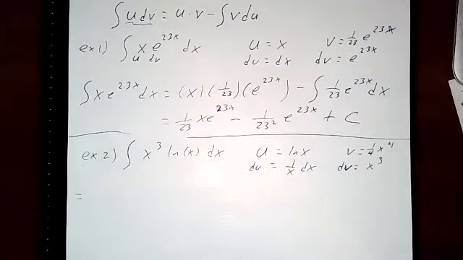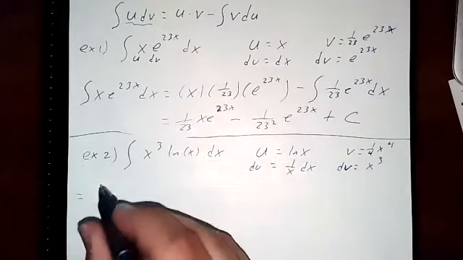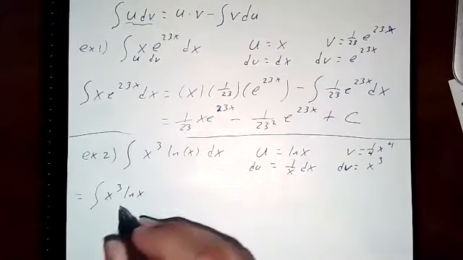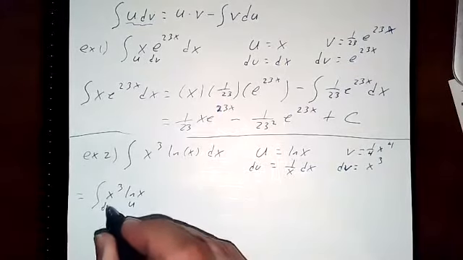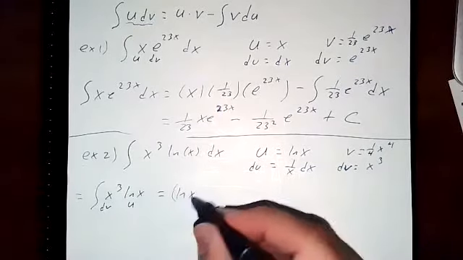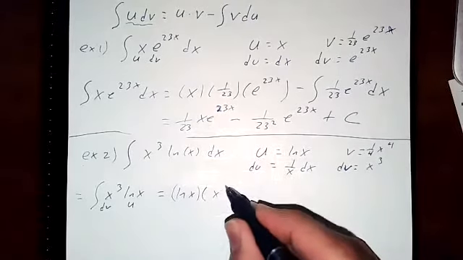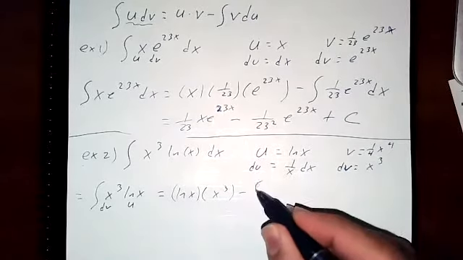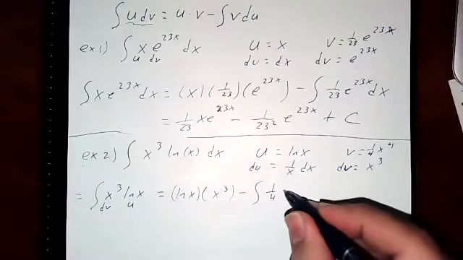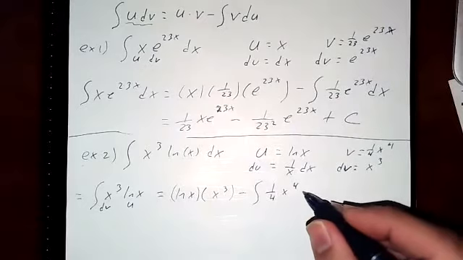So the integral of u dv is equal to u times v minus the integral of v du.